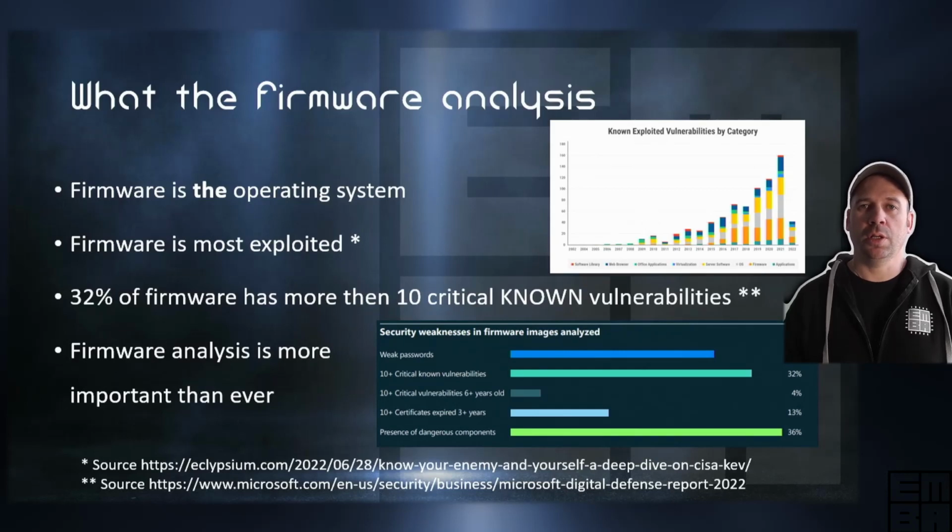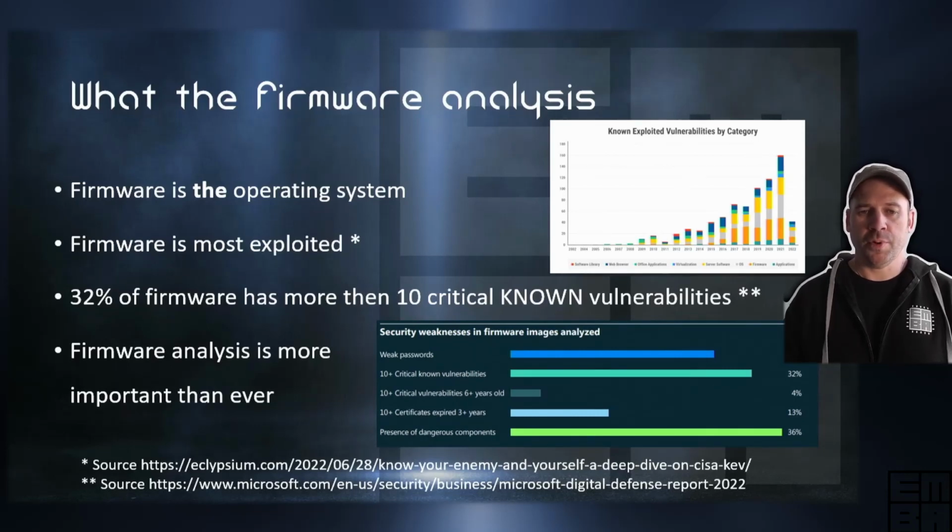According to Eclypsium, they released a report a while ago: firmware is the most exploited vulnerability category over the last few years. And according to the Microsoft Digital Defense Report, which was released a few weeks ago, around 32% of their analyzed firmwares have more than 10 known critical vulnerabilities.